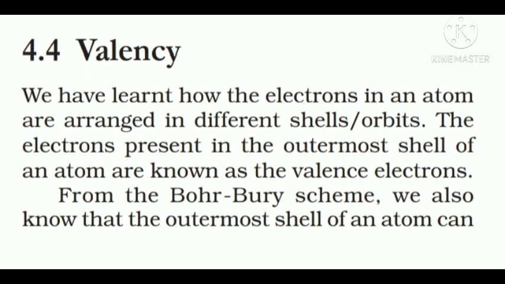We have learnt how the electrons in an atom are arranged in different shells or orbits. The electrons present in the outermost shell of an atom are known as the valence electrons. I repeat, the electrons present in the outermost shell of an atom are known as valence electrons. We also know that the outermost shell of an atom can accommodate a maximum of 8 electrons.